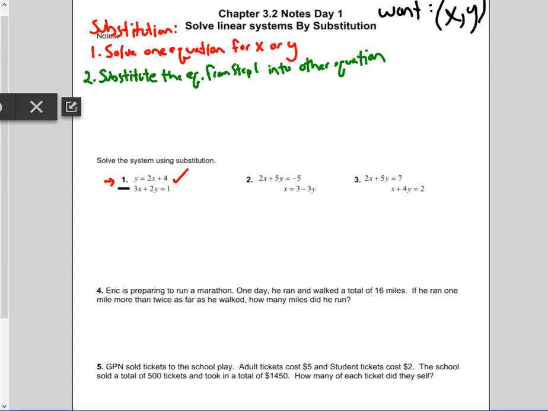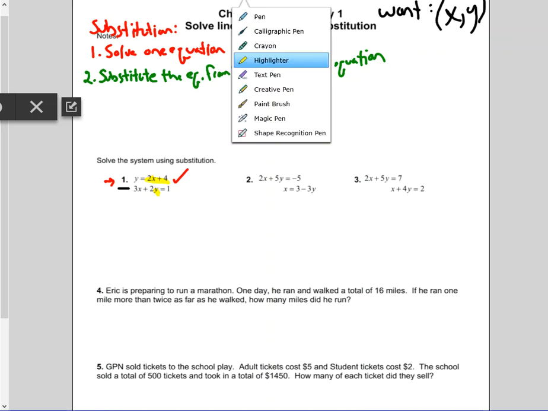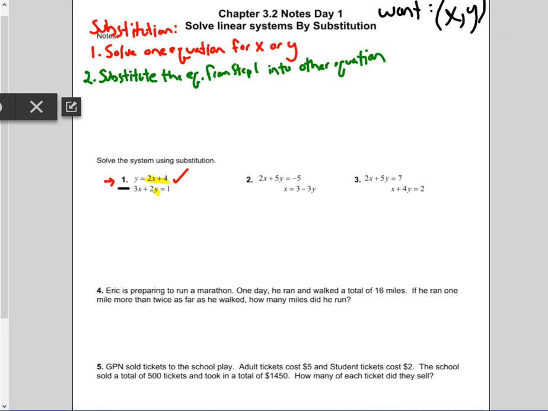So we know that y is equal to 2x plus 4. Let's substitute that in for the y in the second equation. So in that second equation, when we substitute it in, we have 3x plus 2 times the quantity of 2x plus 4 is equal to 1.